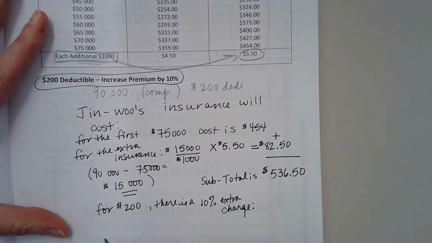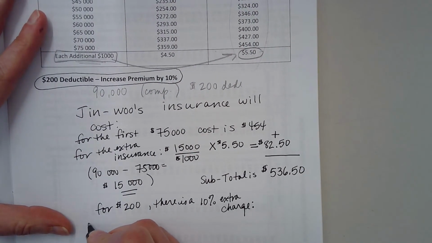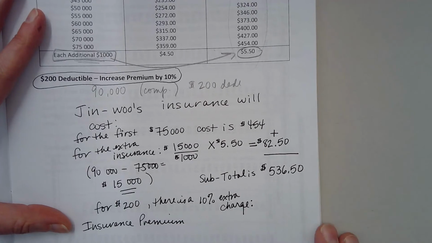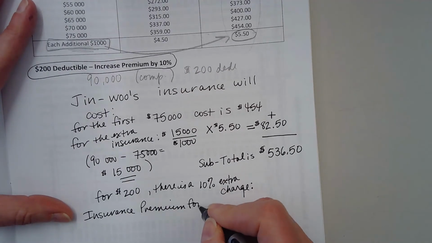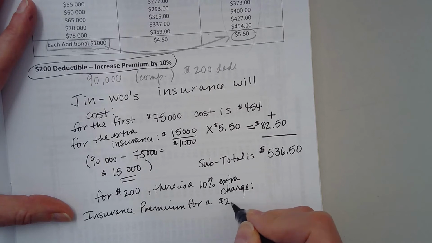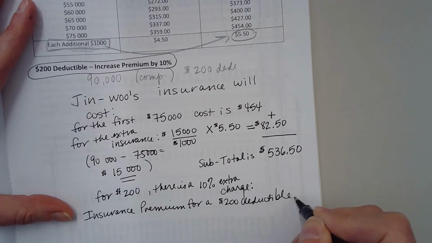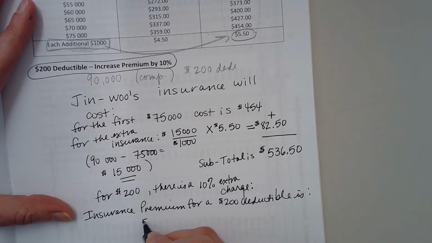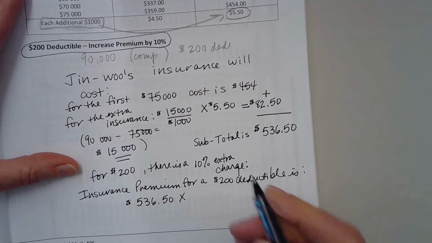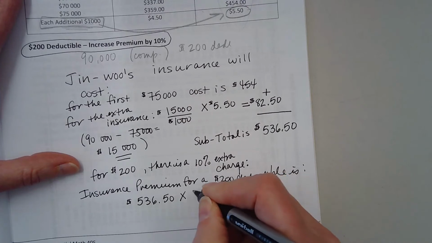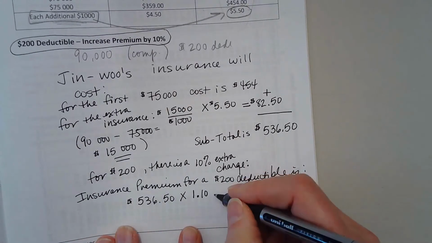And then the very last thing is adding on the PST, sorry, PST, not GST. So 590.15 times 1.07. Your insurance questions will always end in this 1.07. So finally, I get 631.46.